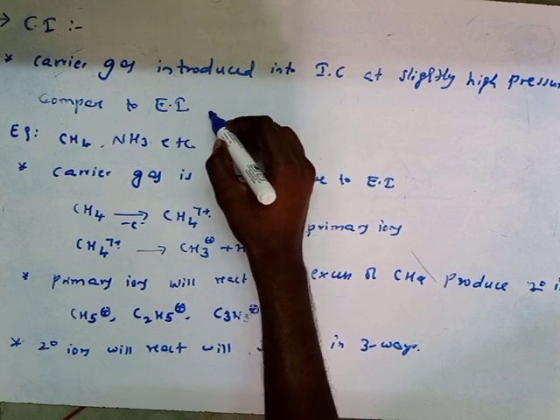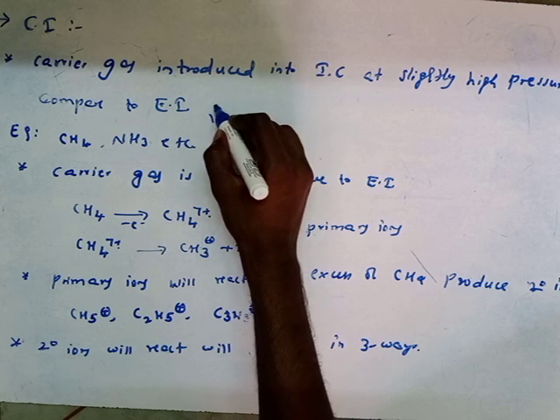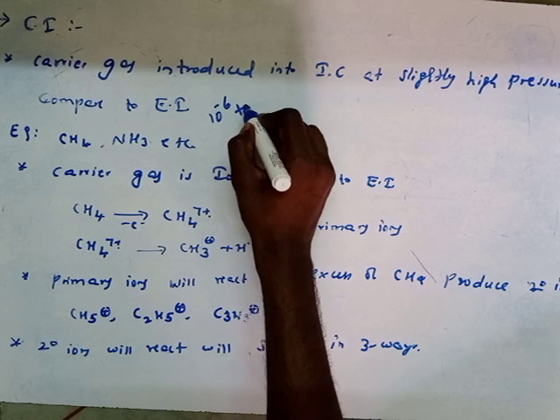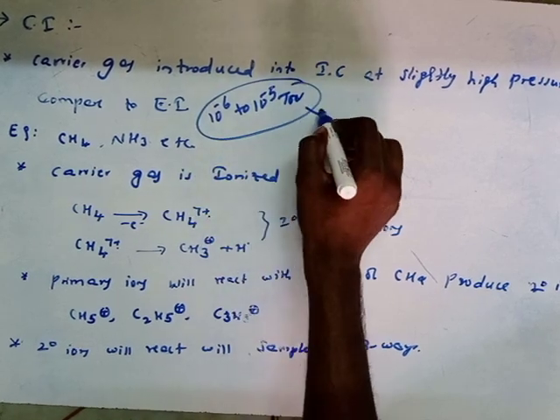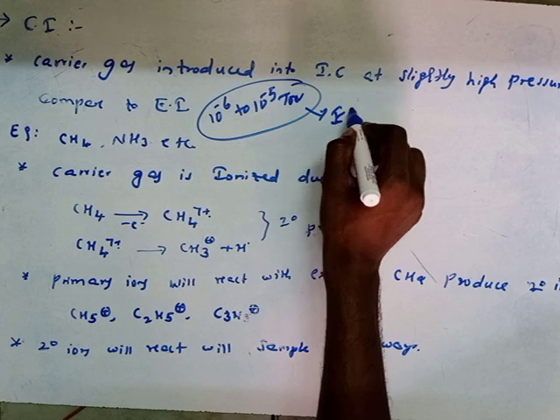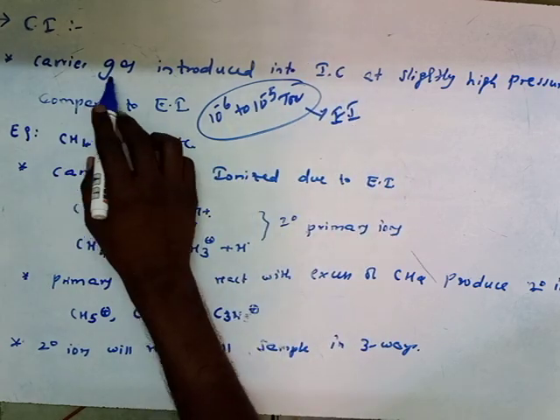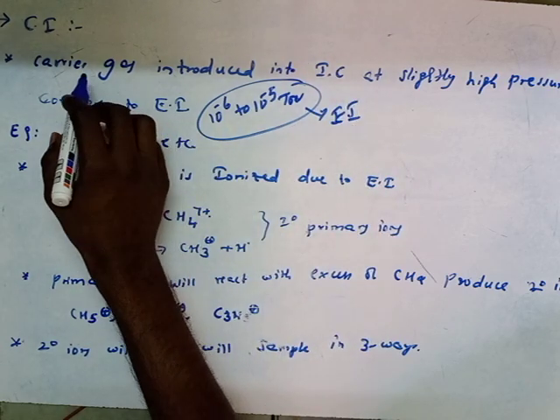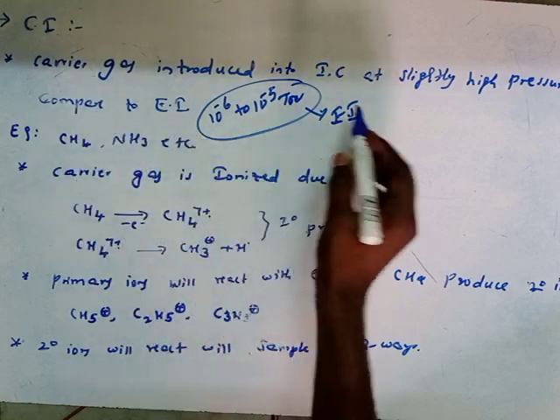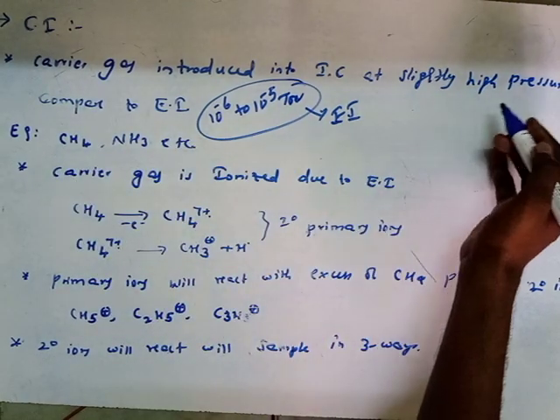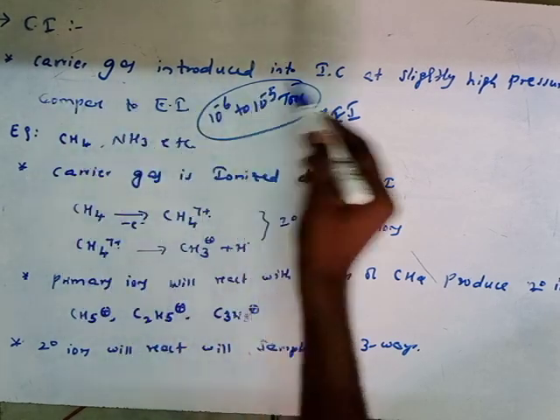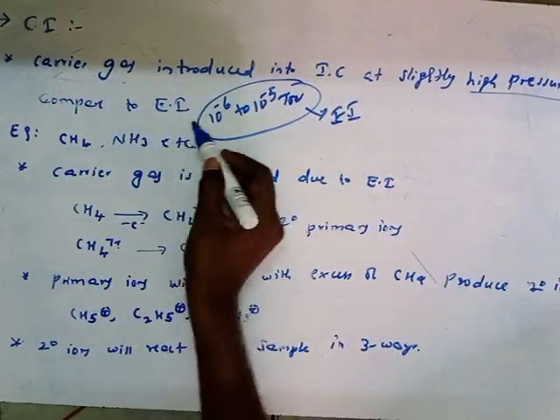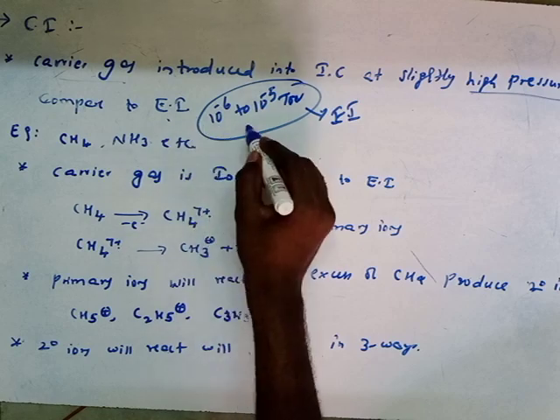In electron impact we use a pressure of 10 to the power of minus 6 to 10 to the power of minus 5 torr, whereas in chemical ionization the carrier gas is introduced at slightly higher pressure.